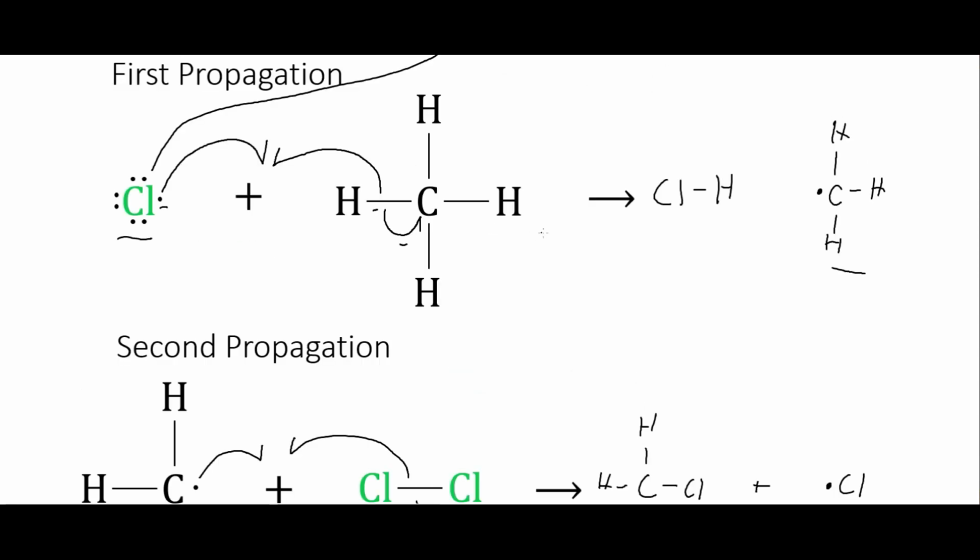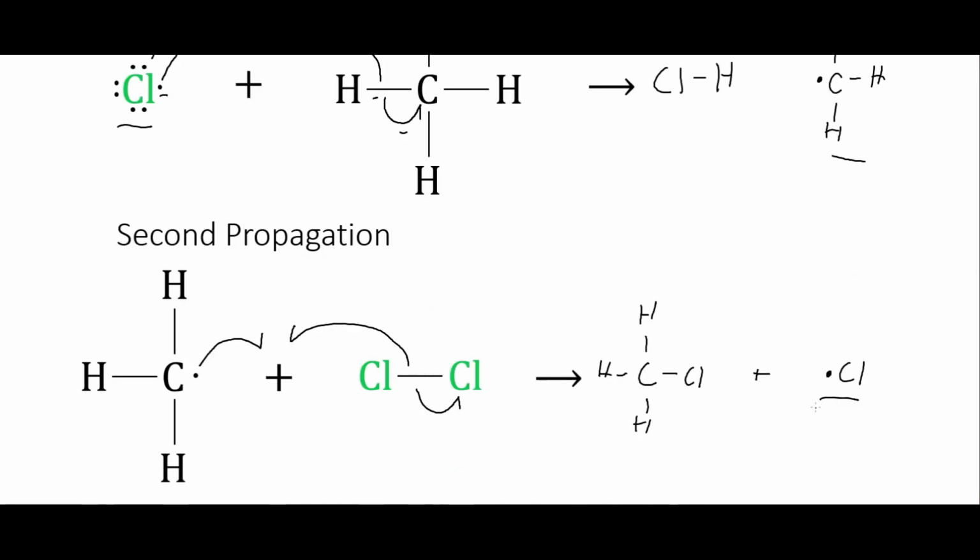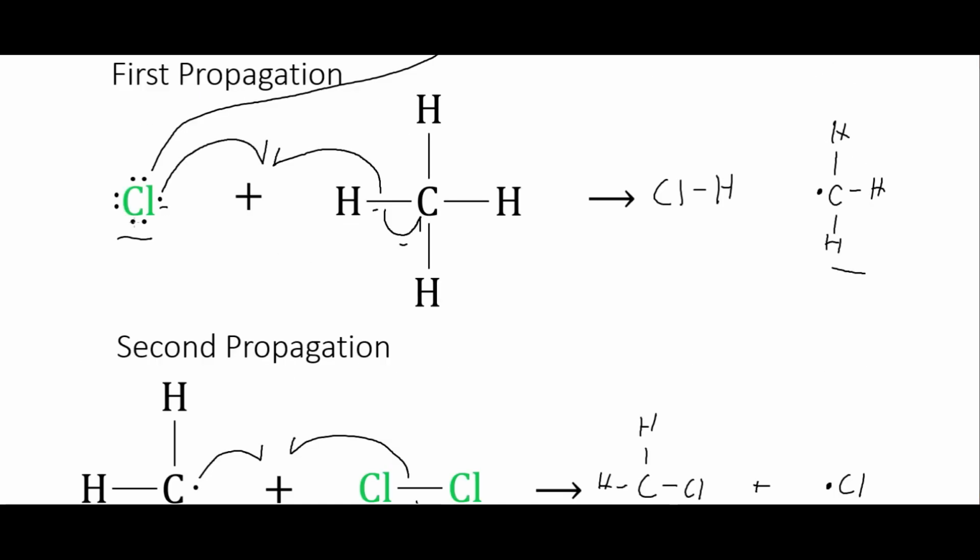That's why it's called a propagation step, because we are producing another part of our reactants up here in order to keep this reaction continuing. So continuing to flow through here.